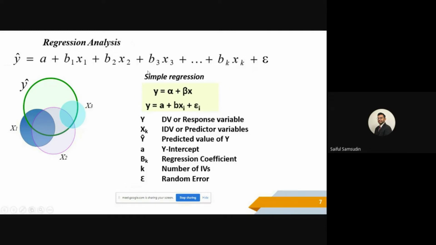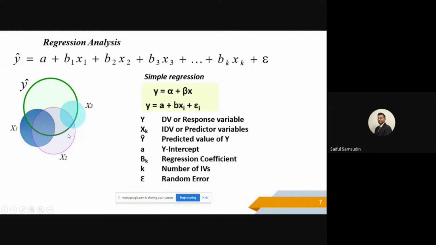Okay, so regression, Y dependent. We can see here Y is connected with these three x's: x1, x2, x3. These three x's we call independent variables.